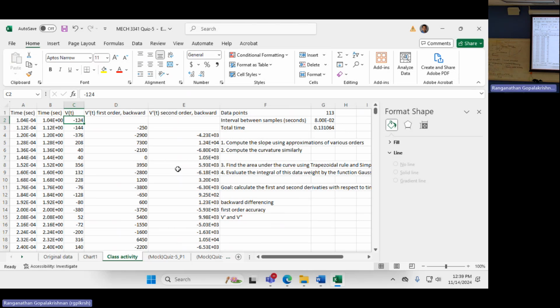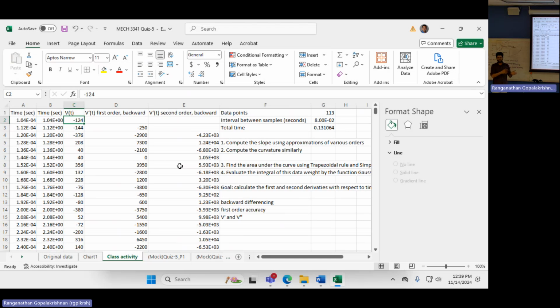So this sort of work is going to be very consequential for you, especially when you have experimental data and the quantity that you are seeking is not the data itself, but some derivative of the data. Could be that you are interested in the voltage, but it turns out the rate of change of voltage is what you really care about.